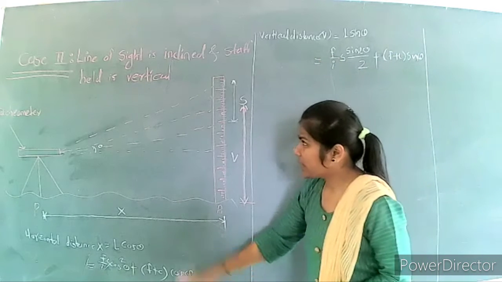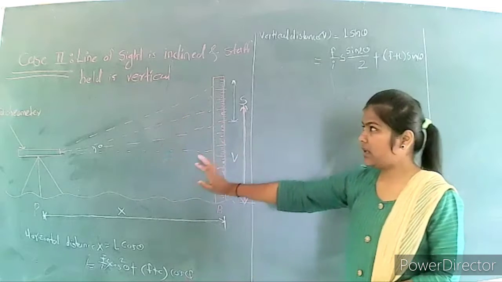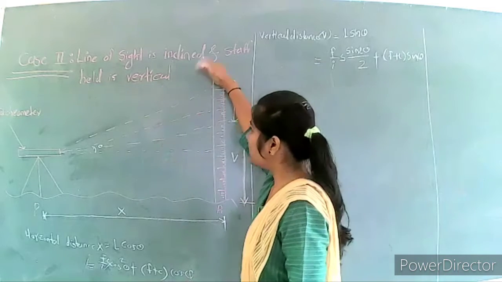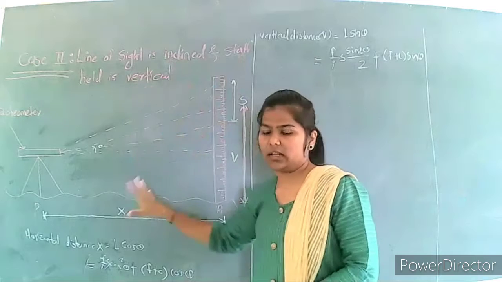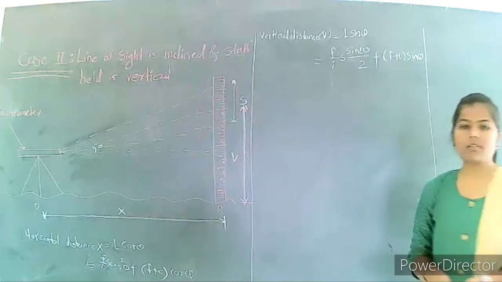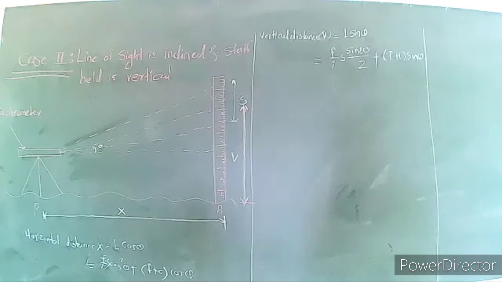Now we solve the numerical on the second case, that is the line of sight is inclined and the staff is vertical. Now we start the first numerical.